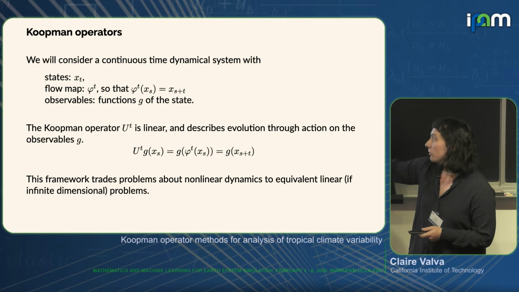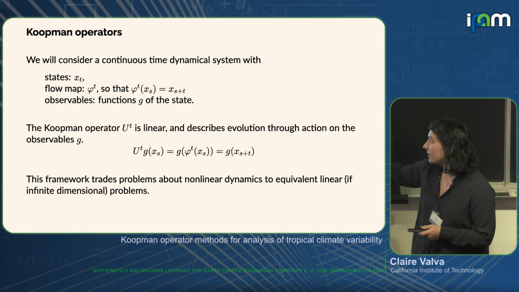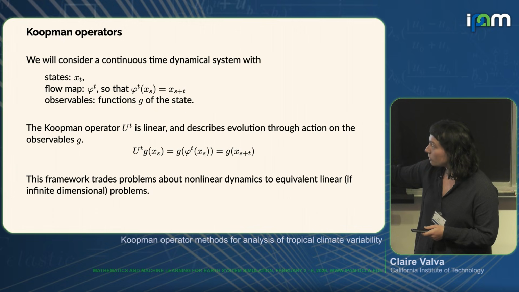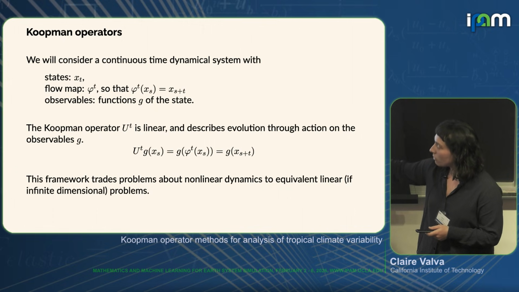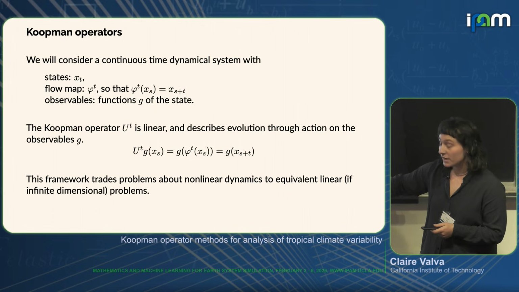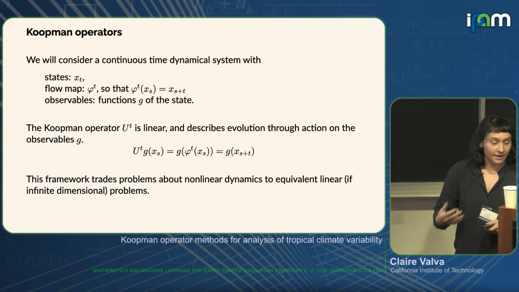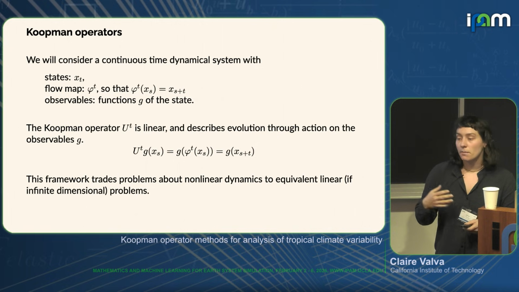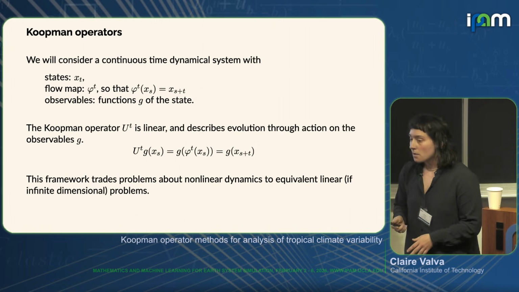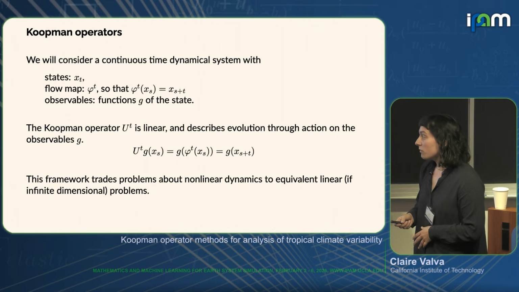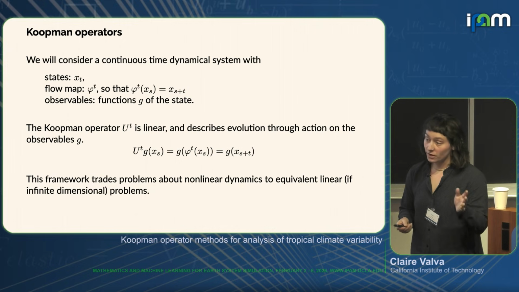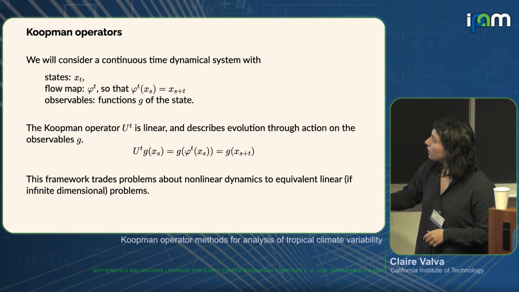So U^t applied to a function g, evaluated at some time s, is going to equal g of x of s plus t, where we've pushed forward that flow map inside the function. And so this problem is very nice in that we've taken problems about nonlinear dynamics to equivalent linear ones. But the trade that we're making is we're moving from finite dimensional space to infinite dimensional problems.